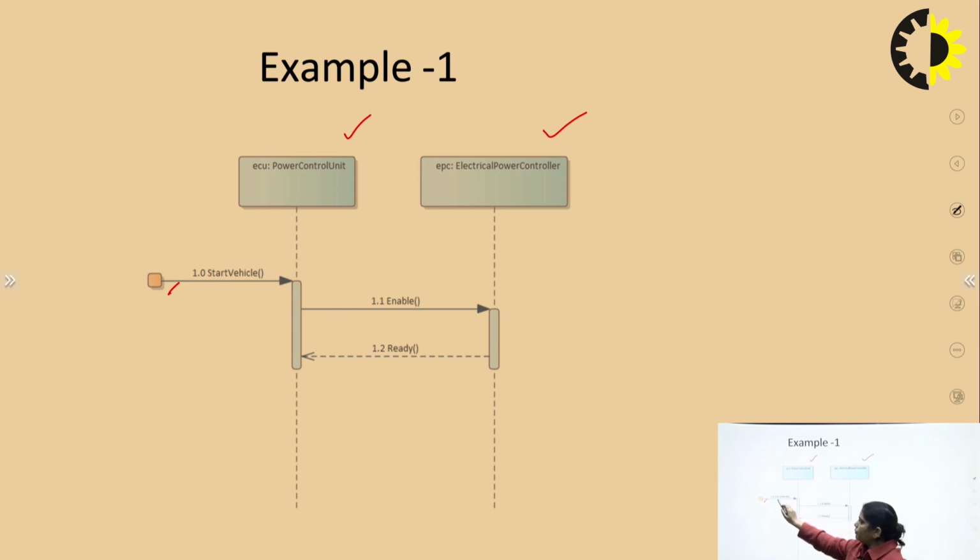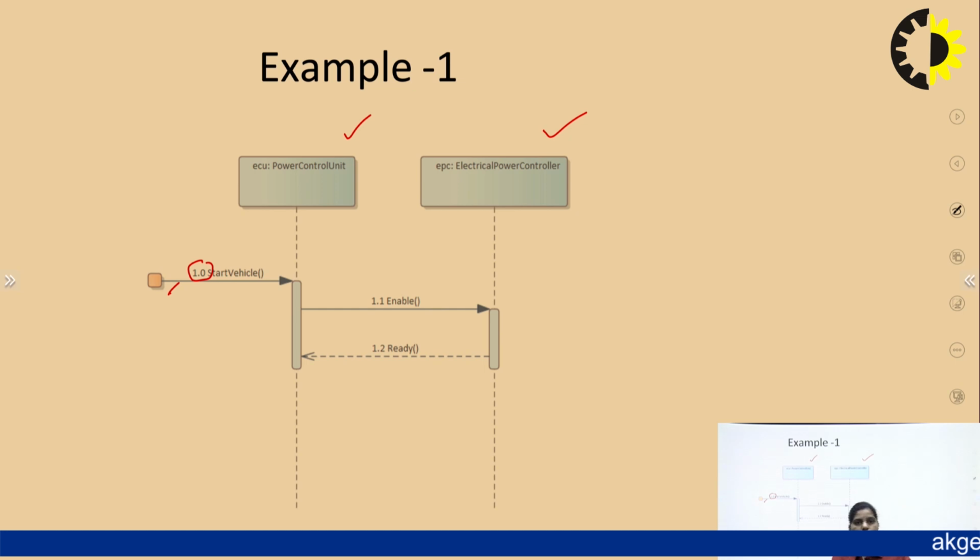This 1.0 is showing the sequence of the messages which are going to take place in this example. In a sequence diagram, it is also one of the most important points that you have to define the sequence of the occurrence of the events or messages which take place between the different objects. So this numbering represents the sequencing of the messages. 1.0 means it is the first message or first communication which is going to start. So in the first event, we are going to start the vehicle.